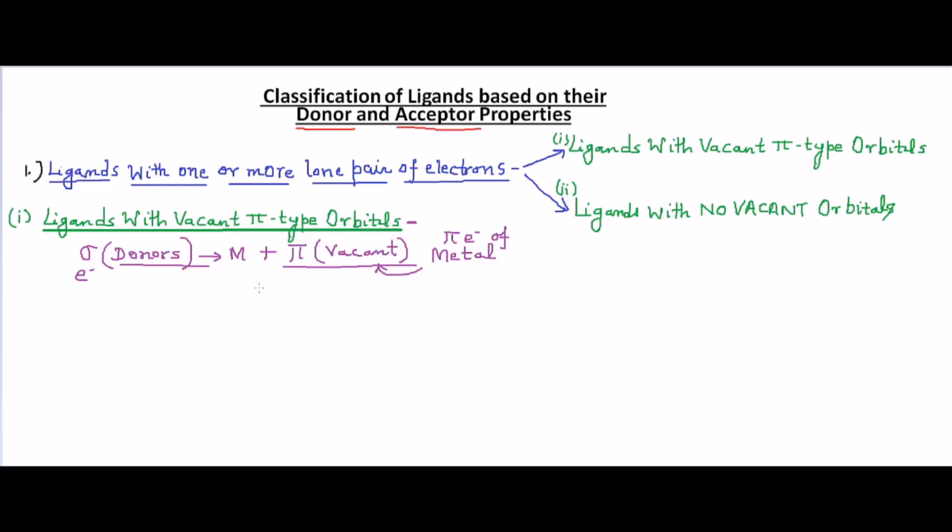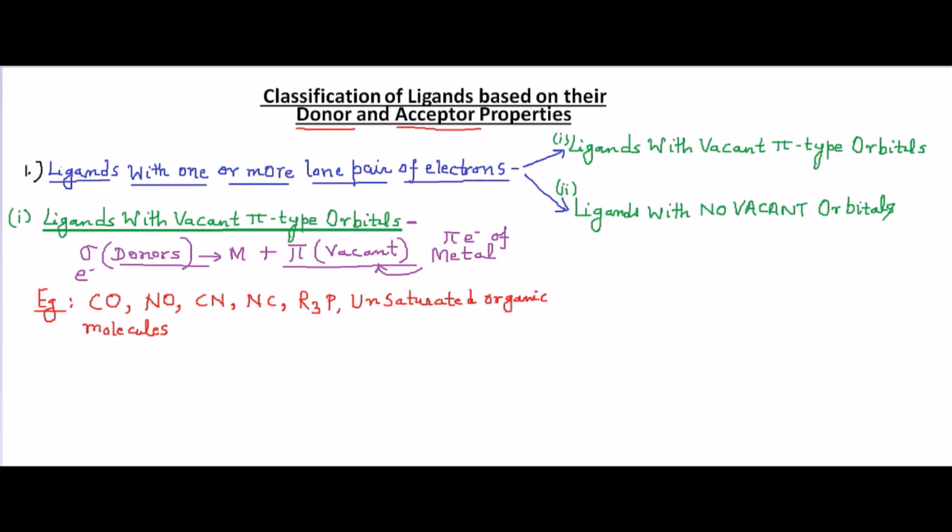So two types of orbitals can be found, and the best examples of these kinds of ligands are the CO carbonyls, NO nitrosyls, then the cyanide and also the isocyanide, then R3P, that is the trialkyl phosphines, and then some unsaturated organic molecules.